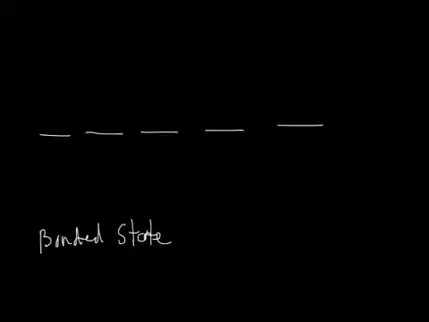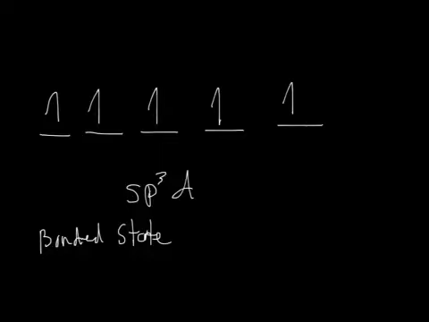Now I'm going to show the bonded state. That's 1, 2, 3, 4, 5. Remember, this is sp3d. So that's 1, 2, 3, 4, 5. Now we have 5 openings to fill with our 5 iodines. That's iodine, and iodine is a p, which is 5p.